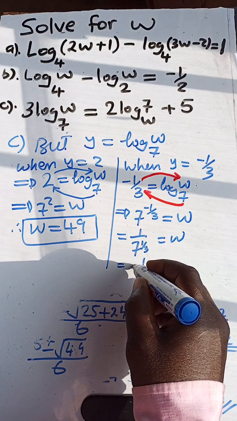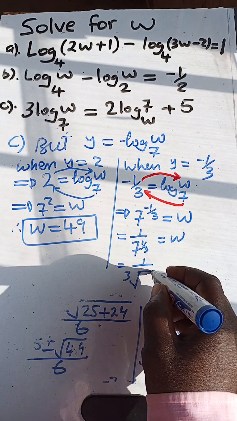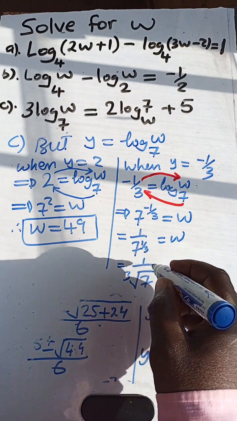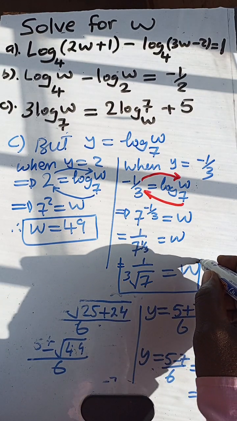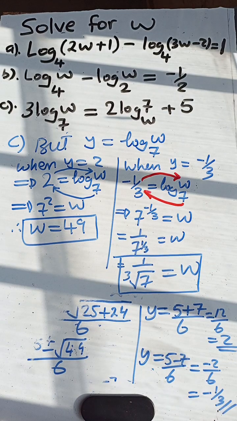So we have 1 all over cube root of 7 will give us W. So our second value for W is 1 all over the cube root of 7.